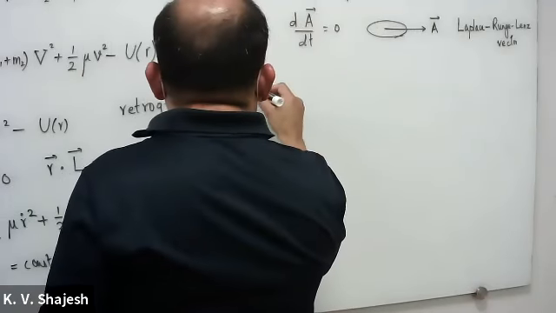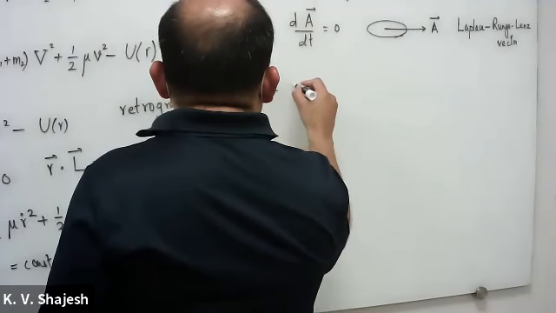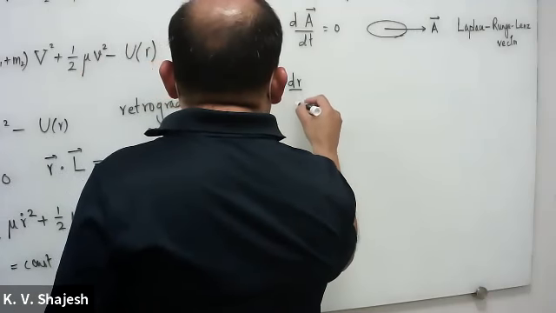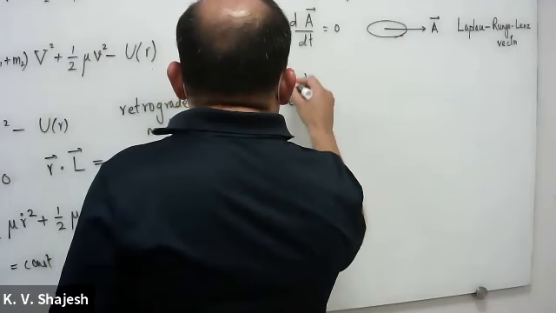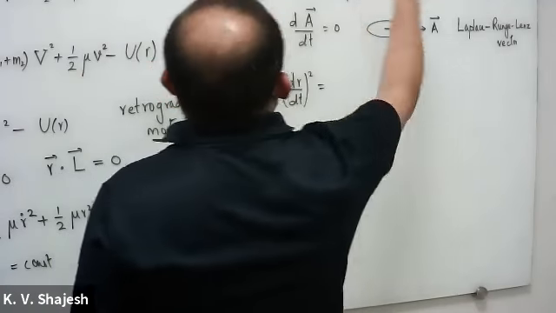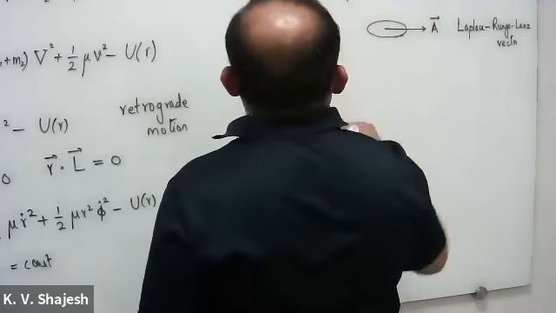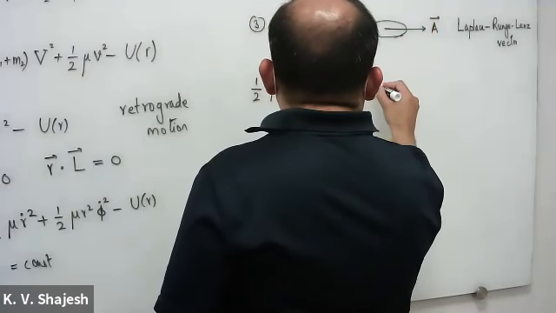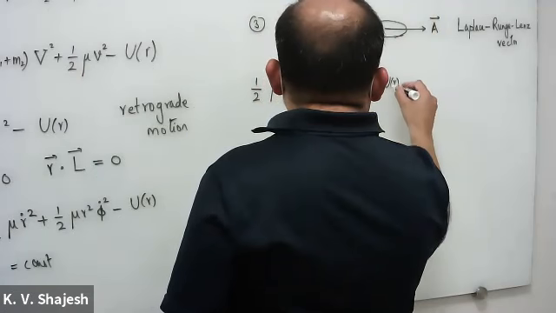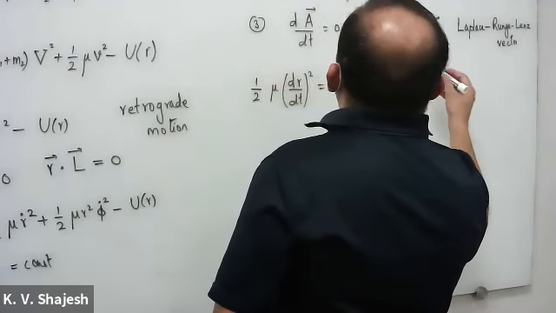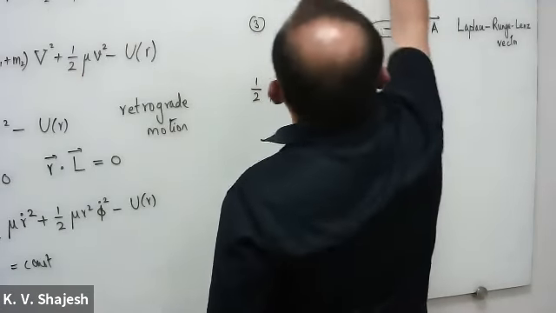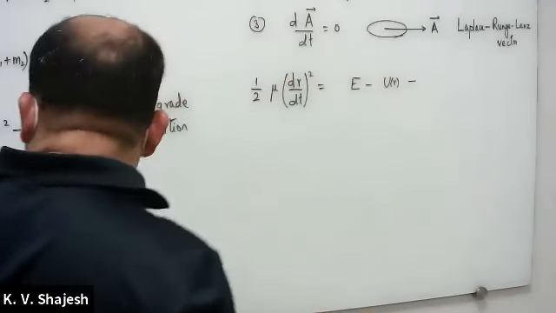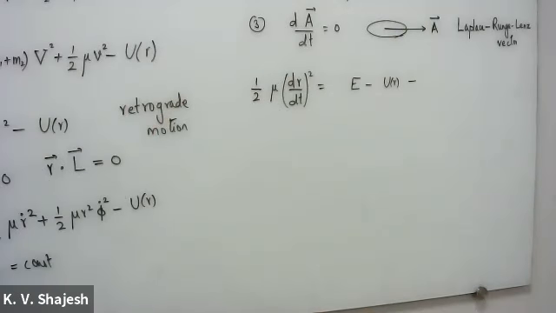So I have 1 by 2 mu dr by dt squared is equal to, let me write this all on the other side, E minus U of R, and minus, replace this with the angular momentum.